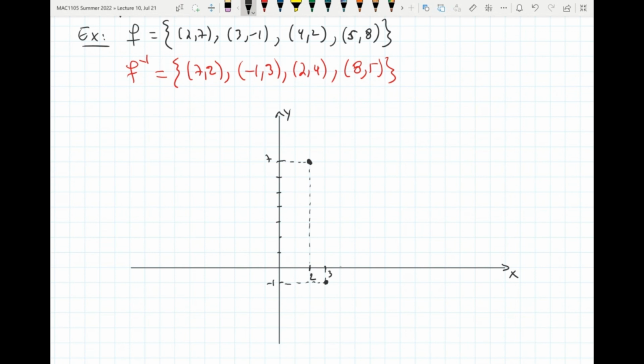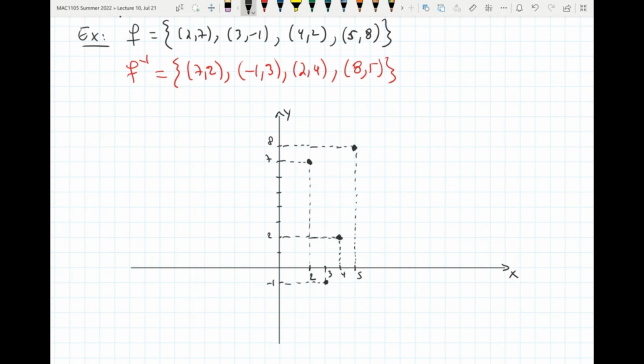Then 4, 2. Here's 4, here's 2. And then we have 5, 8. So that's the graph of the function f.